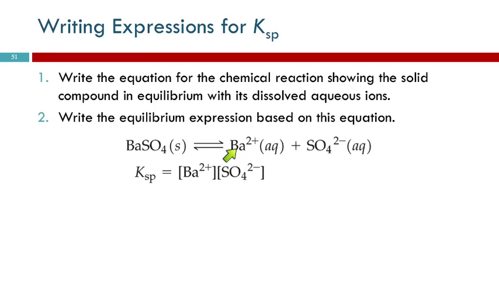So it'll form one barium ion and one sulfate ion for every formula unit of this that dissolves. These are dissolved, they're aqueous, and so their concentrations can change. This is a solid, its concentration can't change. So KSP equals the concentration of barium ion times the concentration of sulfate ion. And the concentration of the solid doesn't come into it at all.